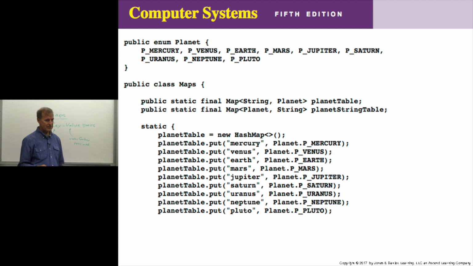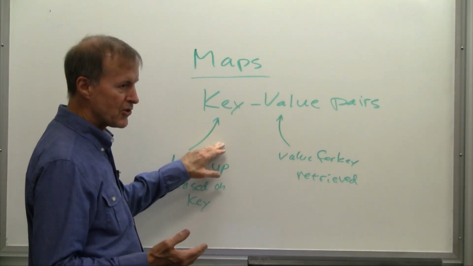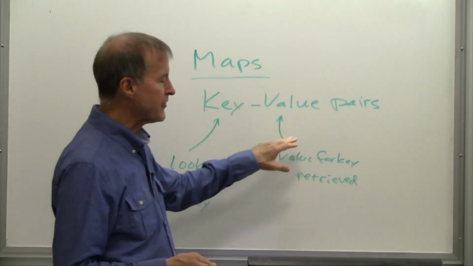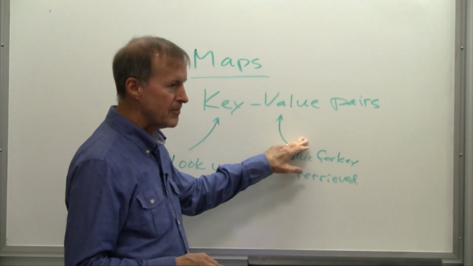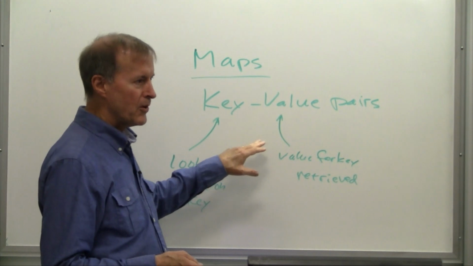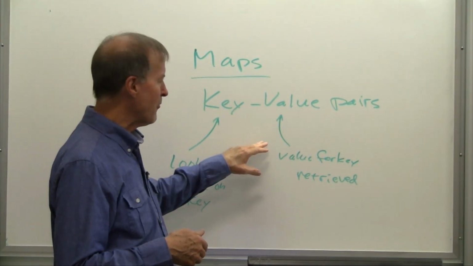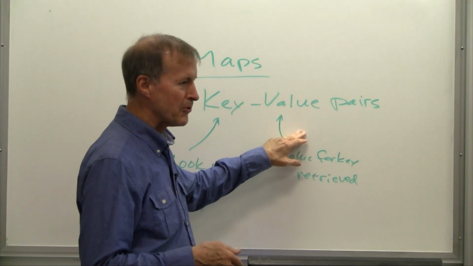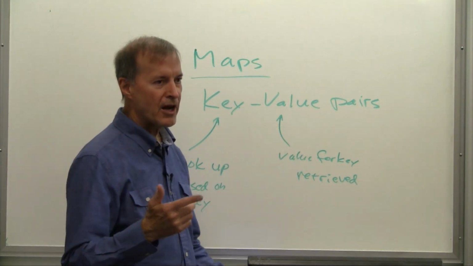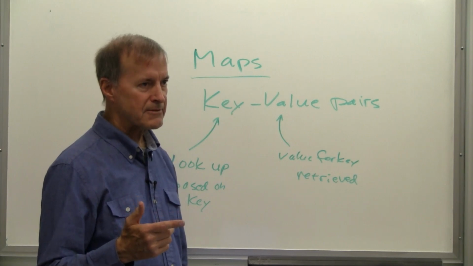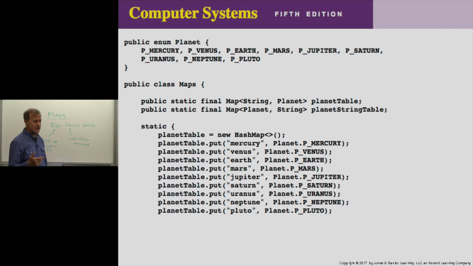Does everybody see how these are divided? In some instances, we are going to have the enumerated type and want the string. In other instances, we are going to detect the string that the user inputs and want to store the enumerated type. In your project, you will have both kinds of maps. Does everybody see how that works?